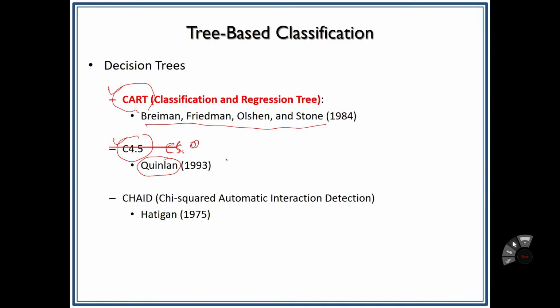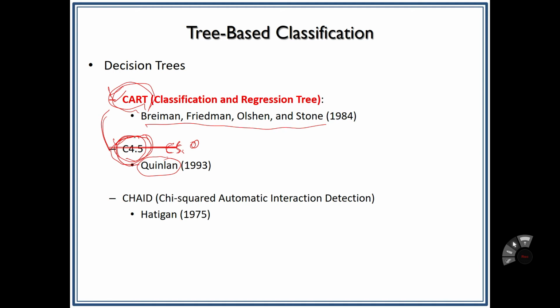The tree-based classification technique that we will take a look at is CART, classification and regression tree. The reason is that I like this one. I like C4.5 too, but the mechanism of these two methods is pretty much the same.